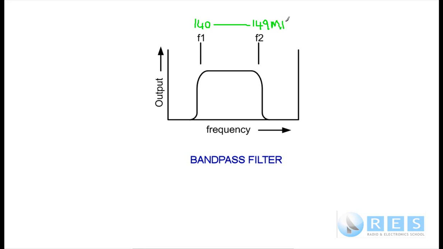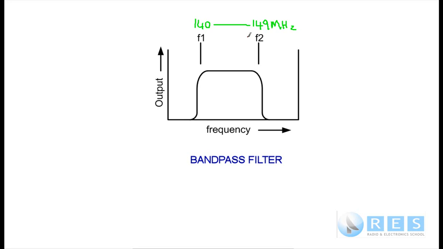So a bandpass filter passes a band of frequencies. That's the band of frequencies that it passes, so it has to be described by its upper and lower limits. The upper and lower limit of this bandpass filter is 140 to 149. So if you had such a bandpass filter on your transmitter, and that's unlikely because bandpass filters are more used in the receiver.